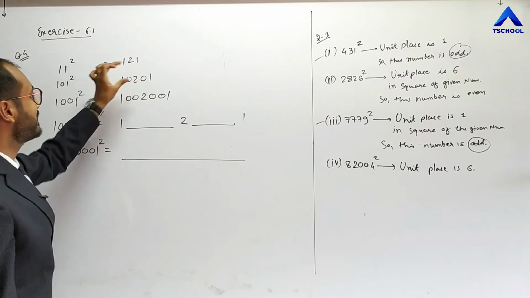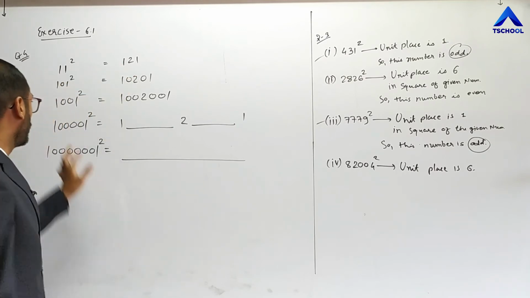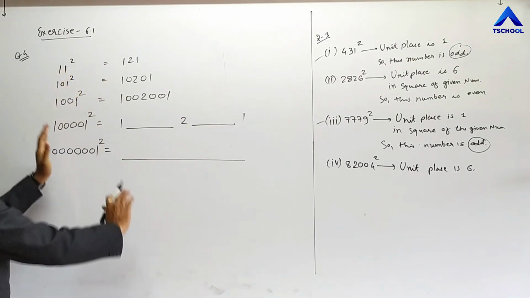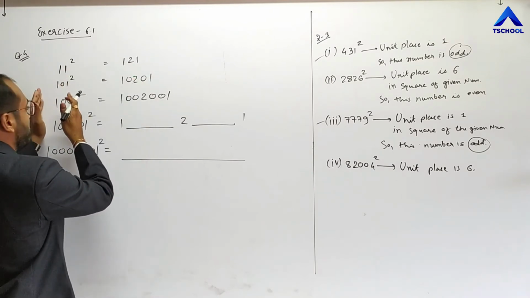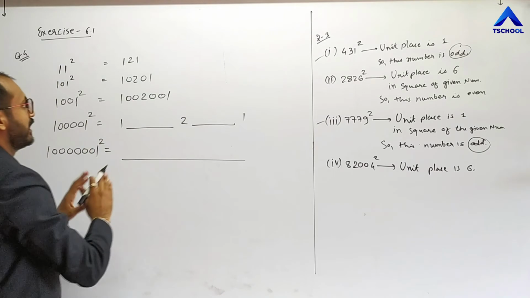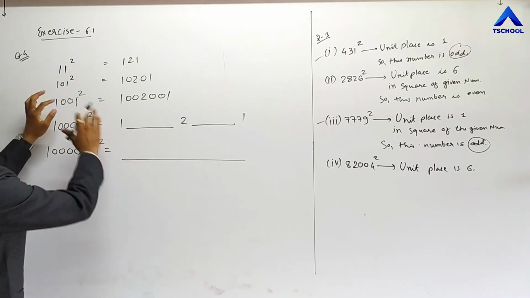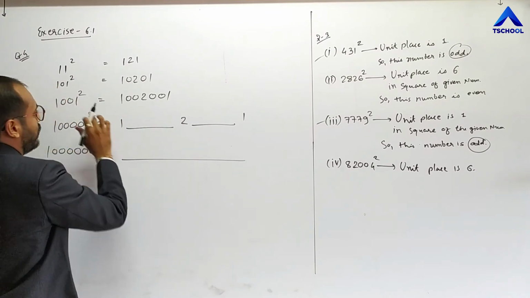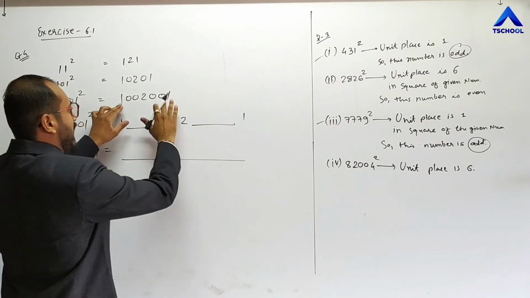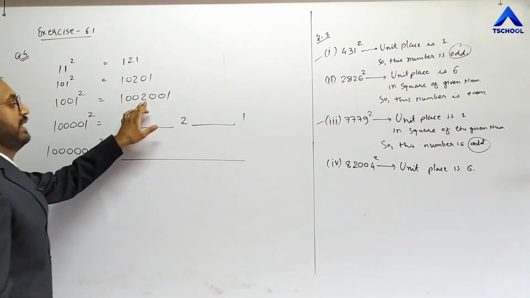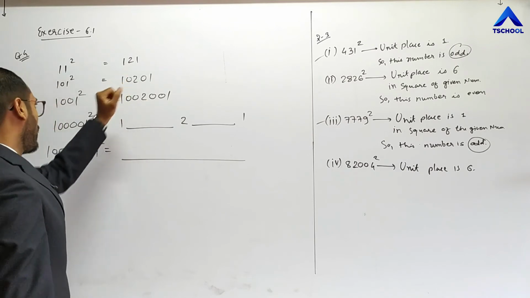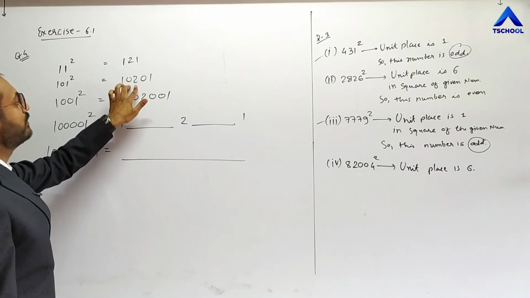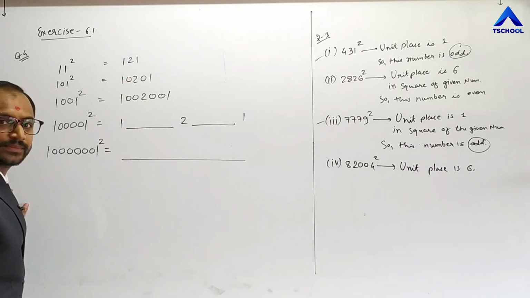So 2 always remains at the center and the two ones remain at the ends. Again, 1001 whole squared: the answer contains two ones at the ends and 2 at the center. Now how many zeros? Here there is only one 0 between 1 and 2, and one 0 between 2 and 1.